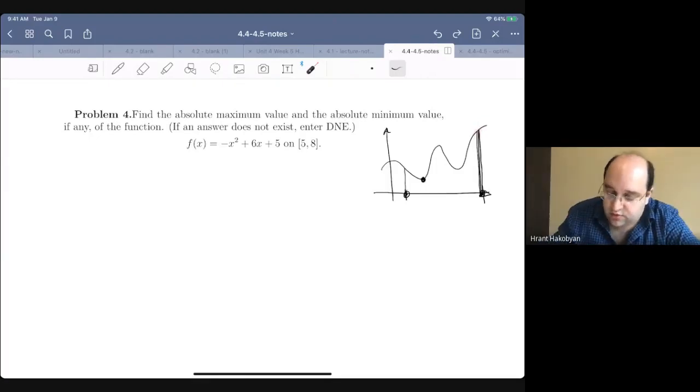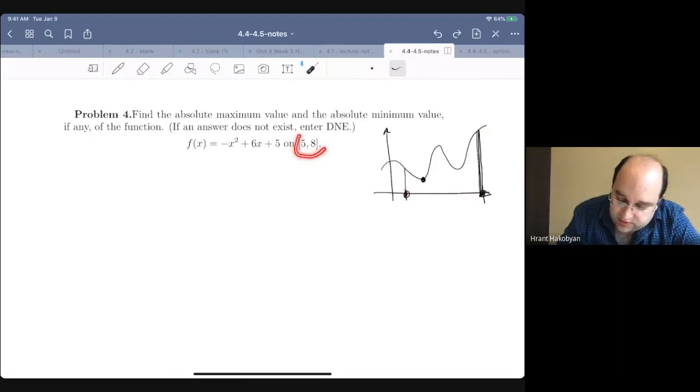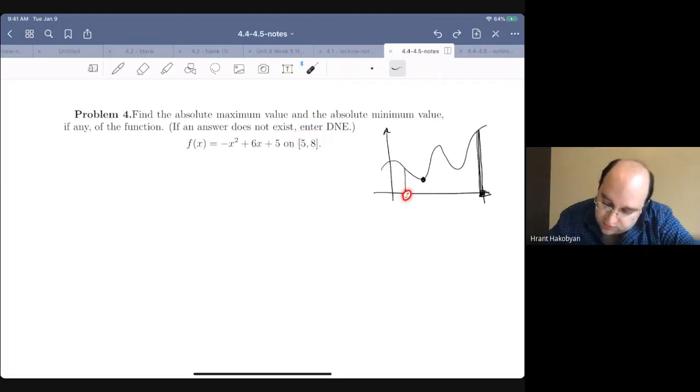So that means when you're dealing with a fixed, closed interval, you have to look not only at the critical points, where there are 3 critical points here, but also at the endpoints, this point and this point.